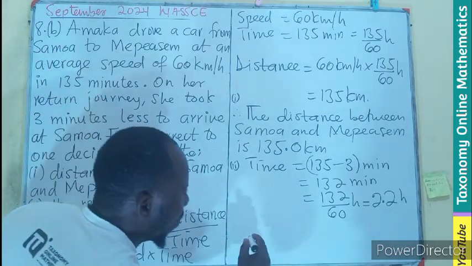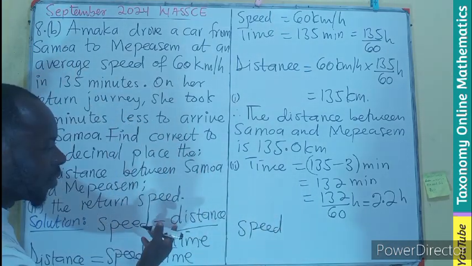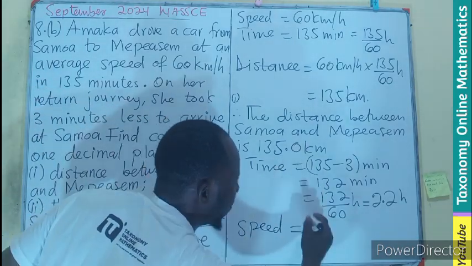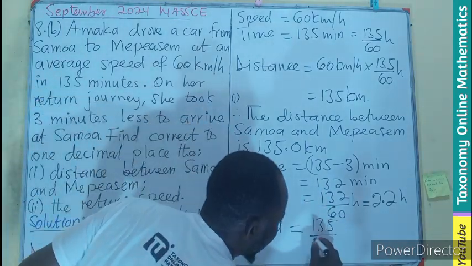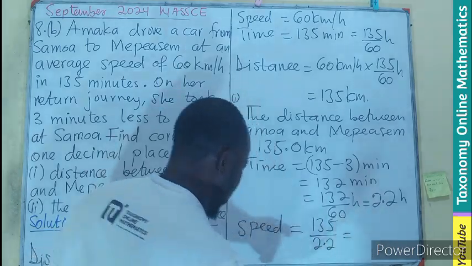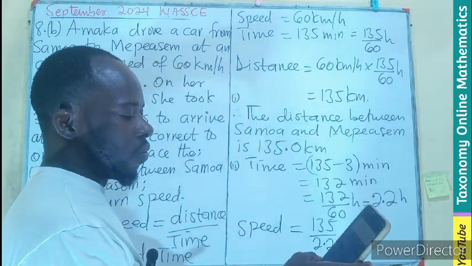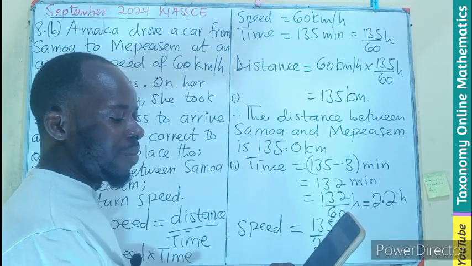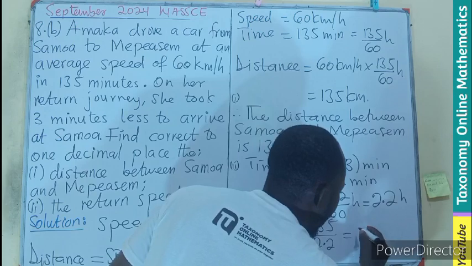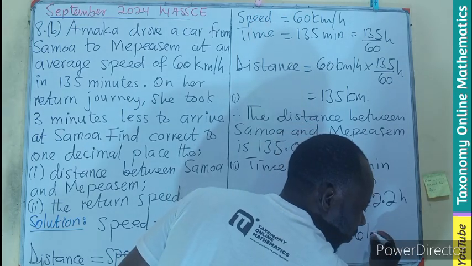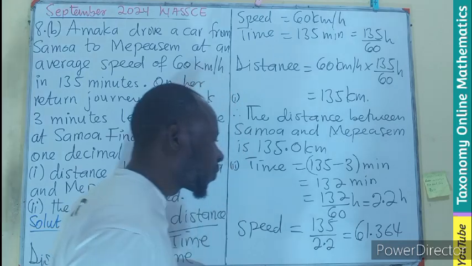hours. So I'll find the speed, as the formula is already here. The distance covered is 135, the time spent is 2.2, and if that is calculated, 135 divided by 2.2 gives you 61.364.